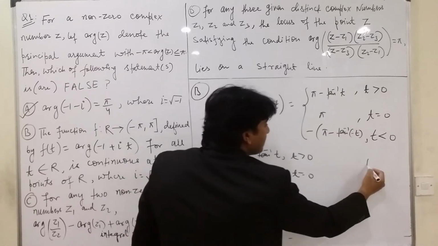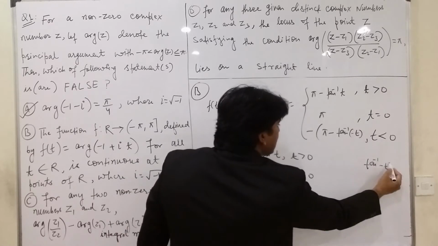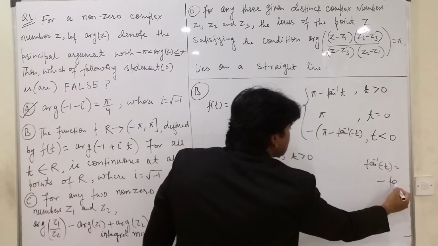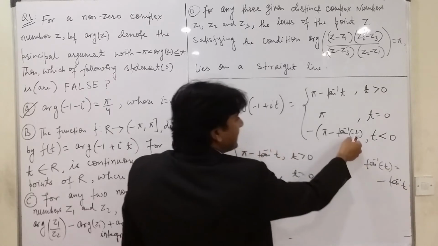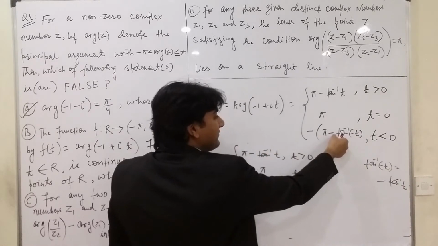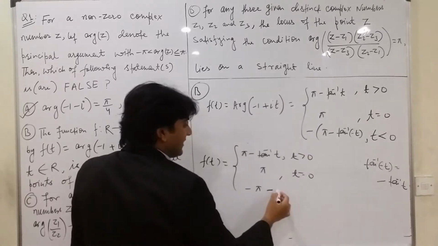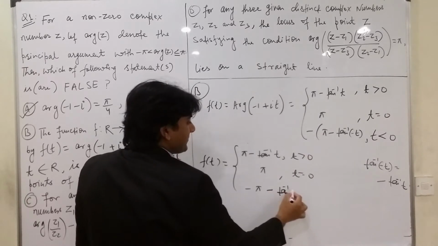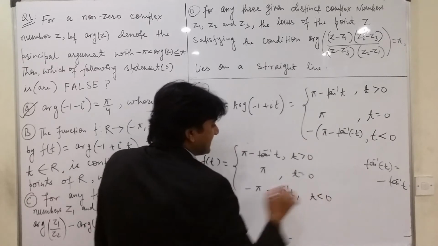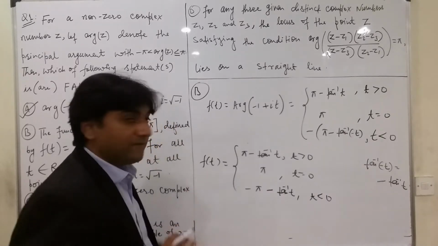Tan inverse of minus t we can write as minus tan inverse t, so it becomes minus pi minus tan inverse t... so we got f of t.